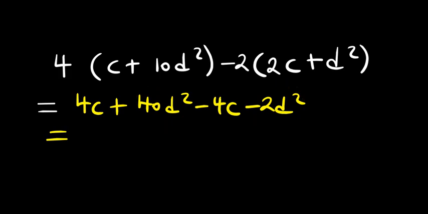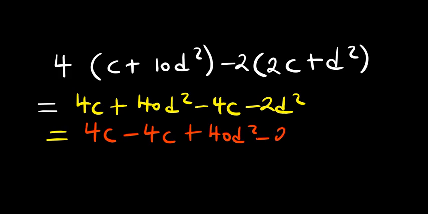So now 4c minus 4c plus 40d squared minus 2d squared. Now a 4c minus a 4c, that will just give us a 0, which I'm not going to write. Then I've got a 40d squared minus a 2d squared. Okay, so in this case, what is it going to give us? It's going to give us a 38d squared.